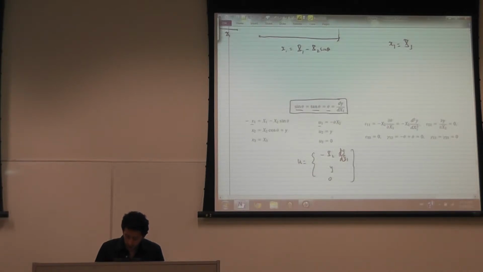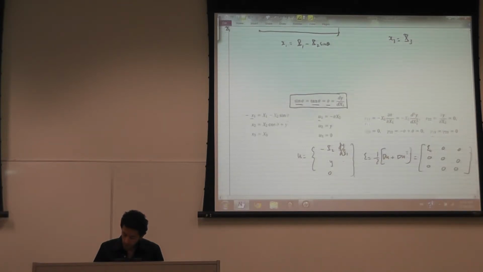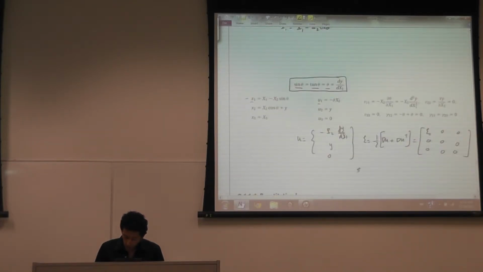And so when you calculate half the gradient of u plus the gradient of u transpose, which is the small strain matrix, you'll find everything is 0 except epsilon 11. Epsilon 11 in this case is equal to negative x2 d2y by dx1 squared.